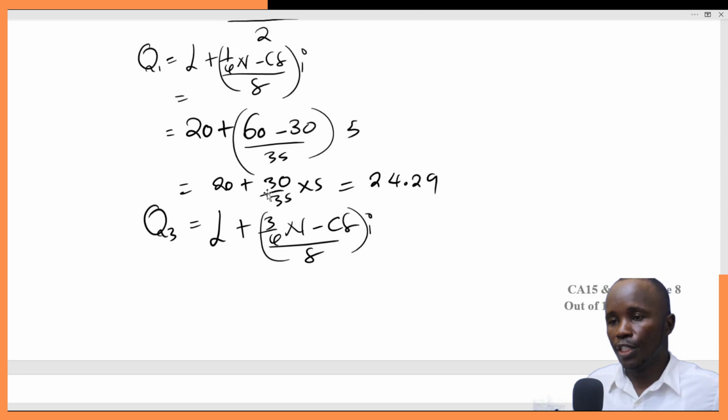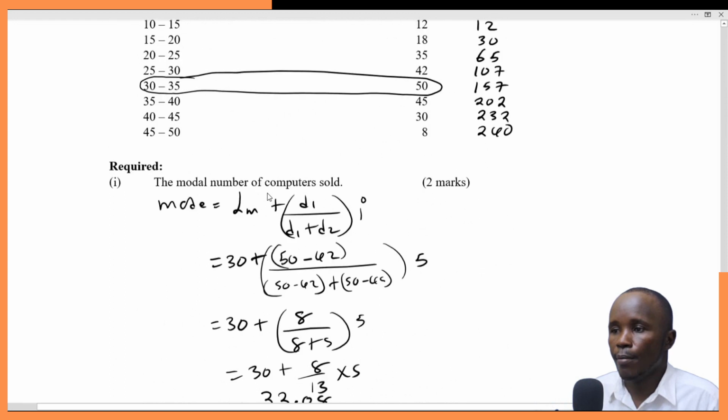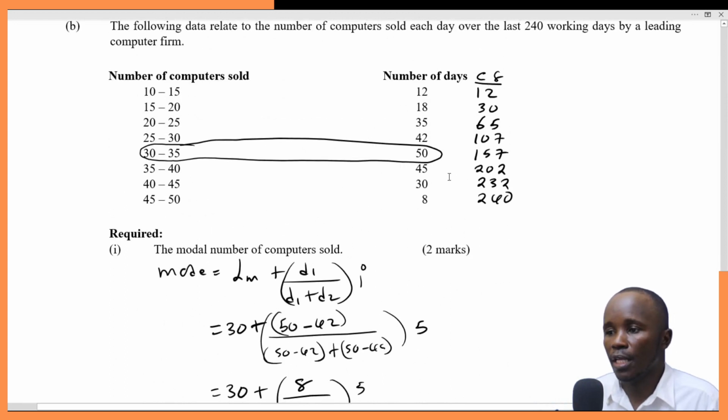I need to check in my cumulative frequency where my 180 is. My 180 belongs to this class.